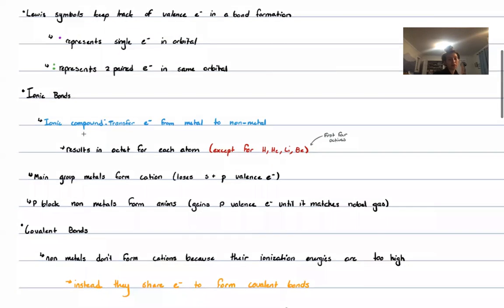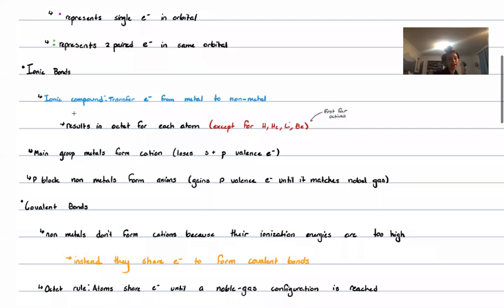And then ionic bonds. Basically, there's no true ionic or covalent compound, but certain molecules or atoms tend to show one trait over the other, depending on what side of the periodic table they're on.